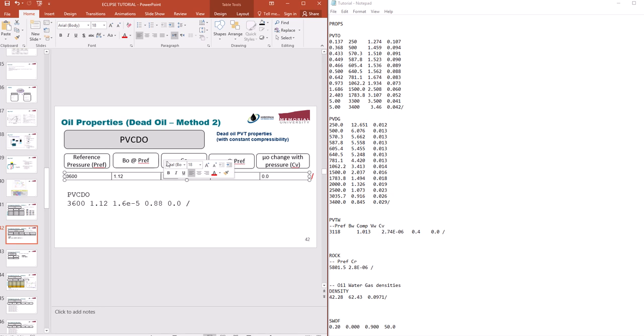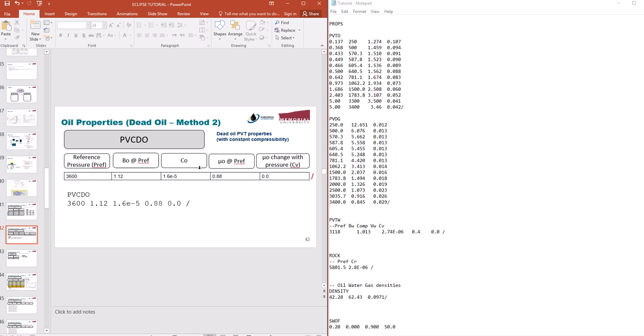And why do we need to give the compressibility of oil? Because based on this compressibility, Eclipse can calculate BO at different pressures. You only provided it at the reference pressure, so based on this, Eclipse can calculate every single BO at different pressures. And you also need to give the viscosity at the reference pressure, okay, and how viscosity is changing with pressure.